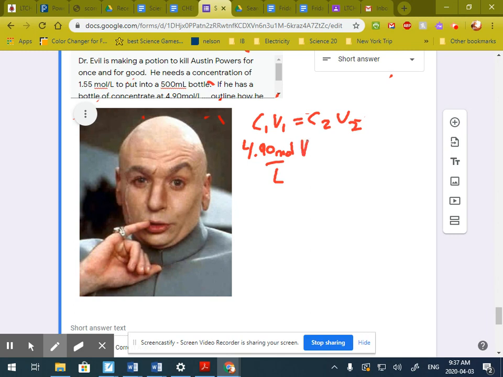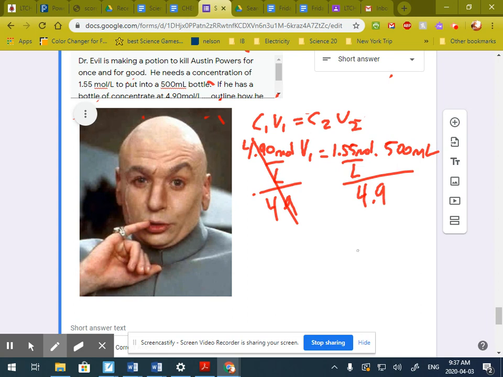Dr. Evil doesn't know how much of that to take. The final concentration is 1.55 moles per liter, and the final volume is 500 milliliters. So I'm going to divide both sides by 4.9 to figure out the initial volume. That was the first step you had to do, figure out how much chemical Dr. Evil needed.